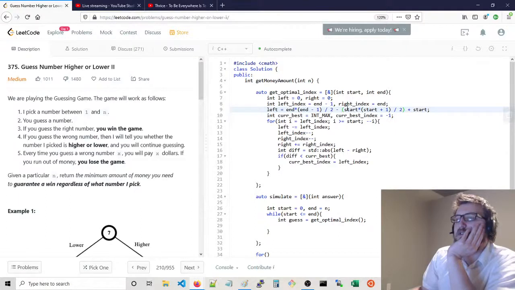Yeah, you could. If you close these parentheses and this becomes a subtraction, then this becomes start - 1. That's interesting, you could do it that way.